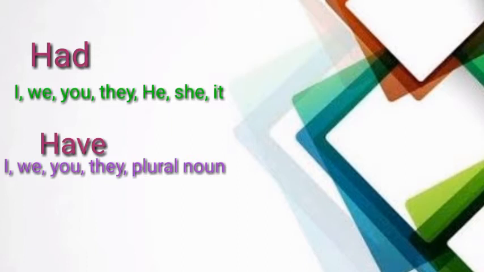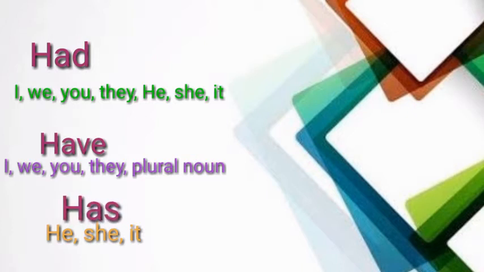If the subject is he, she, it or a singular noun, then we use has. The only difference between has and have is that has we use with he, she, it or a singular noun, and have we use with I, we, you, they or a plural noun.